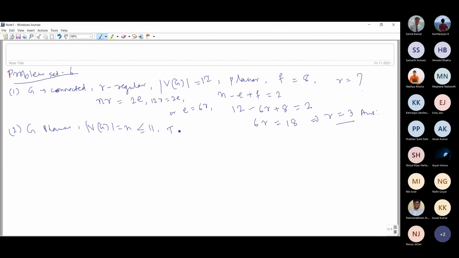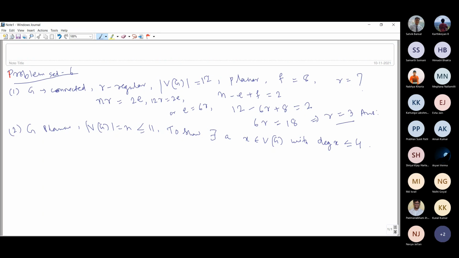So you have to show that there exists a vertex in the graph with degree 4 or less.